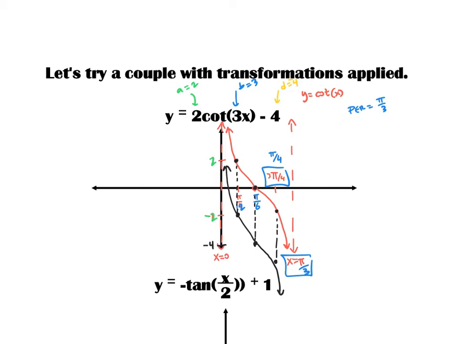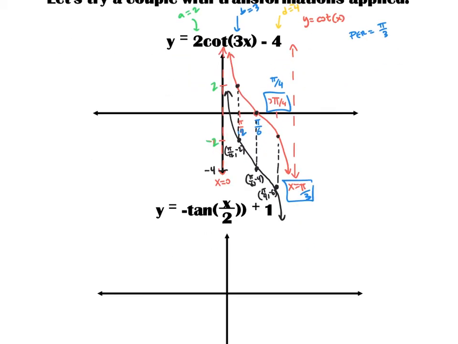The vertical asymptote location has not changed, but this is the point pi over 6 comma -4. This is the point pi over 12 comma -2, and this point is pi over 4 comma -6. So we've taken that function, horizontally shrunk it, vertically stretched it, and shifted it down 4 units. Now let's look at a tangent function.